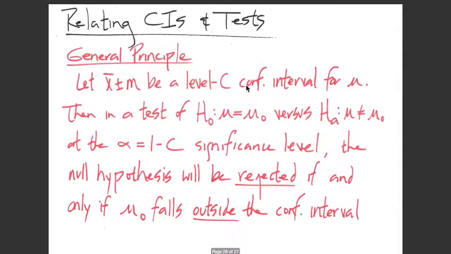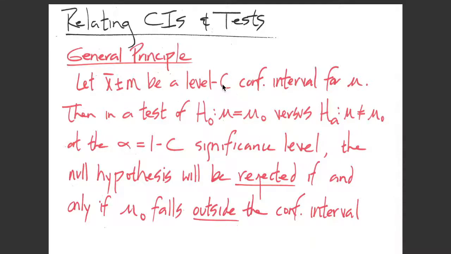So the general principle here is this, that if you've got a level C confidence interval for a mean mu, and then you do a two-sided test of mu equal some value versus mu not equal to that value at the alpha equals 1 minus C significance level.